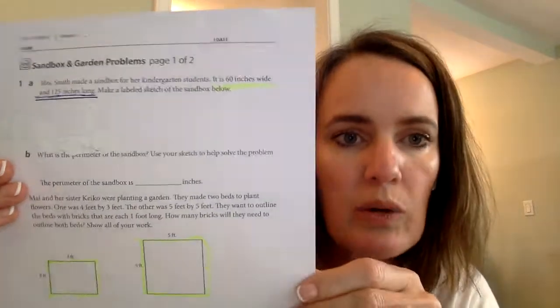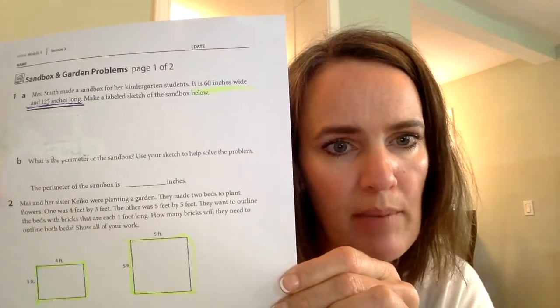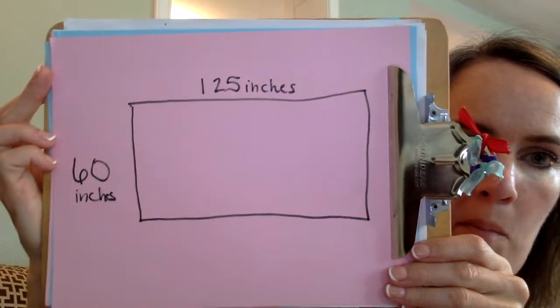Now, part B says, what is the perimeter of the sandbox? Use your sketch to help you solve that problem. Now, is perimeter the inside of the shape, or is perimeter? Yeah, perimeter is the distance around the shape. Will you do that with me? Perimeter. Awesome. Okay. So I need to find the distance around this shape.